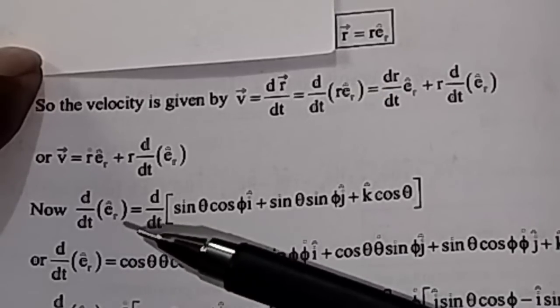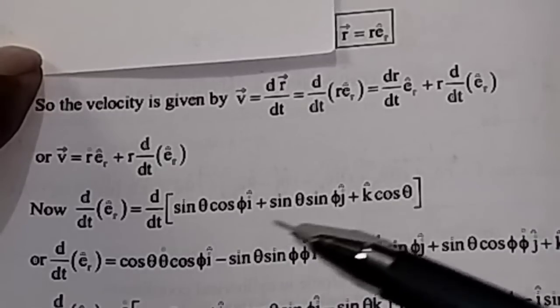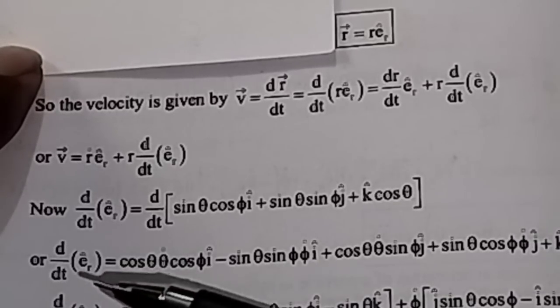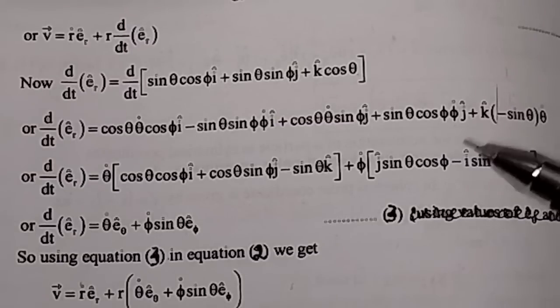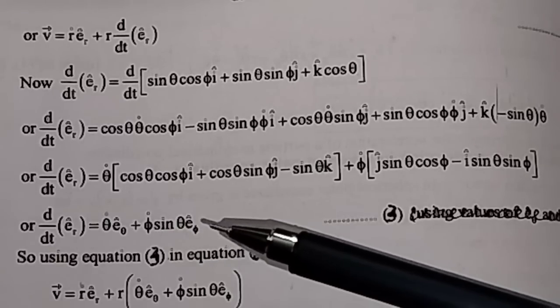So you substitute e r cap is equal to this value, and you find out the derivative of e r cap with respect to t. If you find the derivative of e r cap with respect to t, it will be equal to theta dot e theta cap plus phi dot sin theta e phi cap.